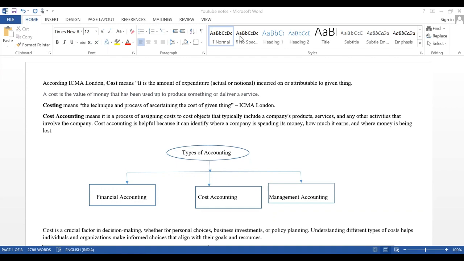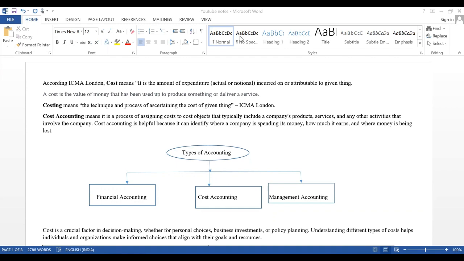So first, we have to understand what is cost. I guess you all must have heard the word cost. Cost is something which is an expenditure. It may be actual or notional expenditure.